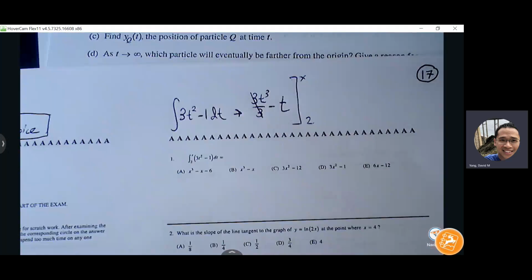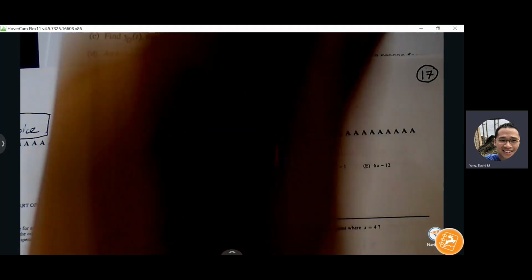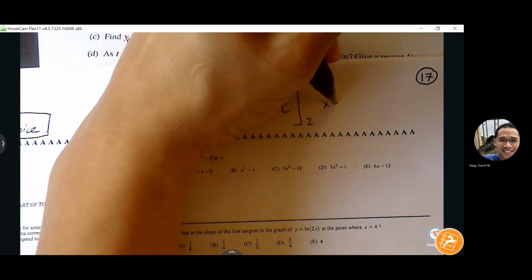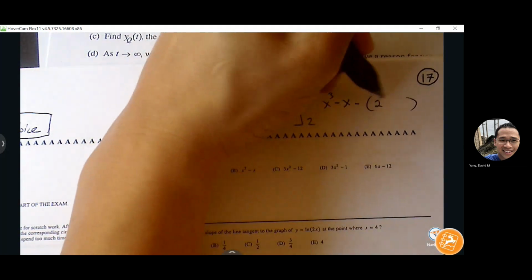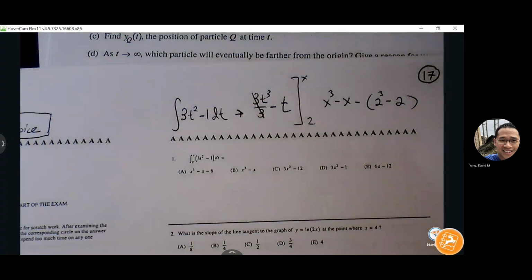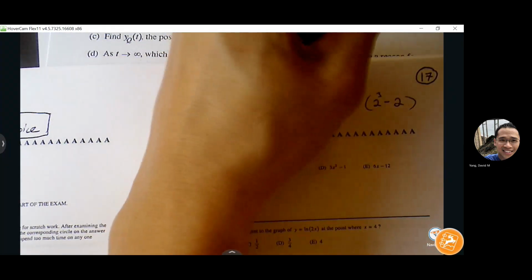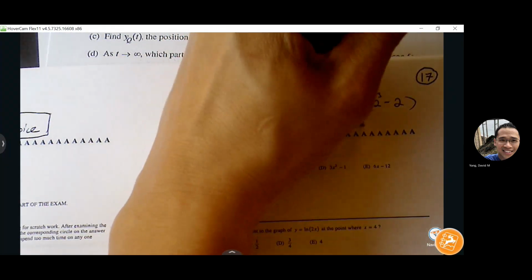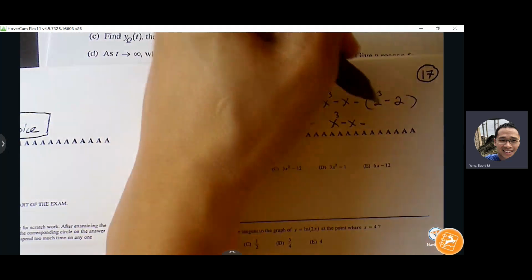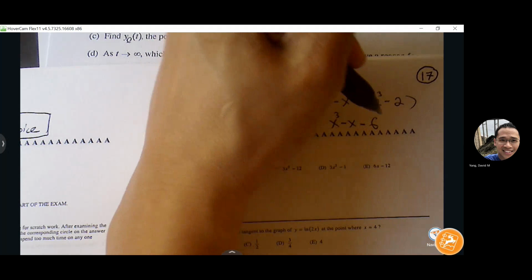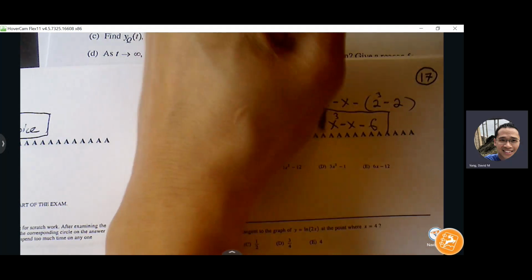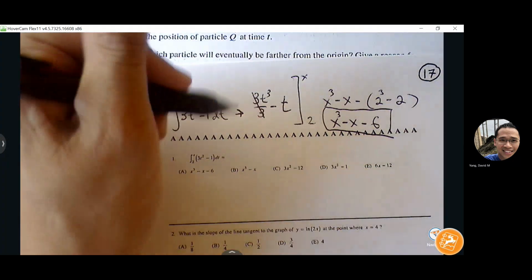The t's cancel out. Plug in the x first. Eight minus 2 is 6. x cubed minus x minus 6.